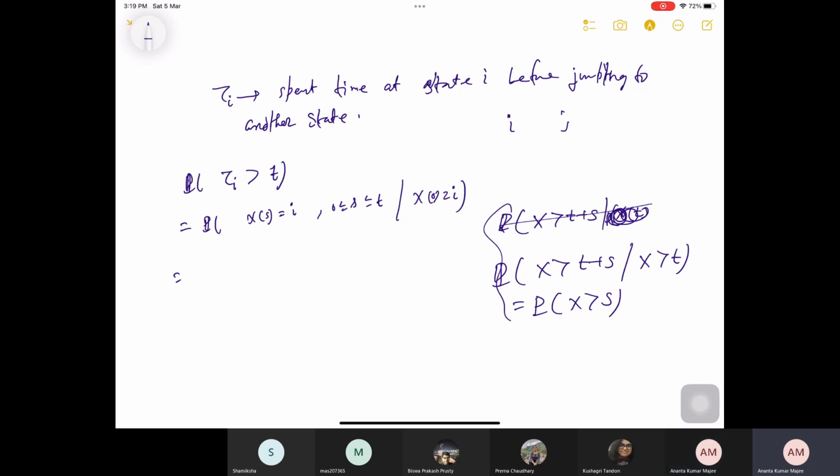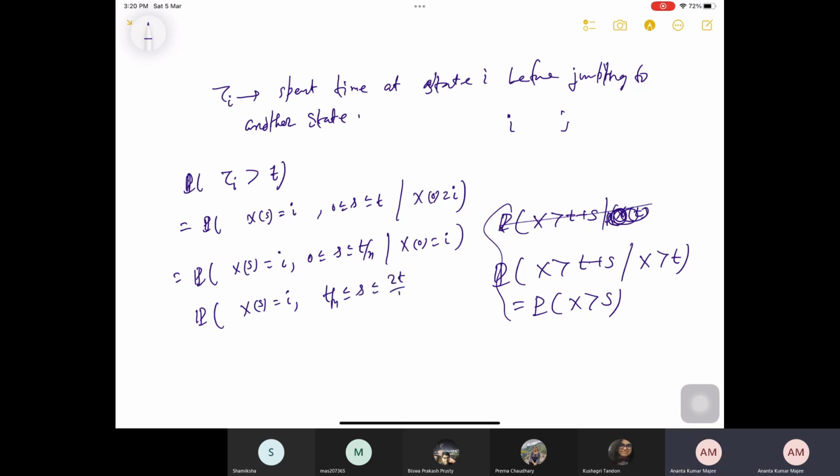I can write this as the probability of x of s equal to i for all 0 less than or equal to s less than or equal to t by n, given x of 0 equal to i, then the probability of x of s equal to i in the time interval t by n less than or equal to s less than or equal to 2t by n, given x of t by n equal to i, and so on.